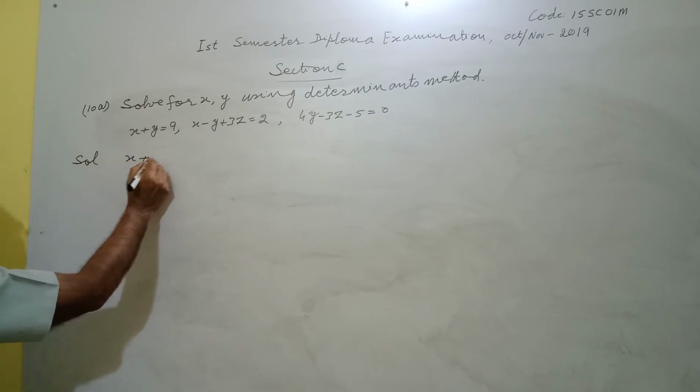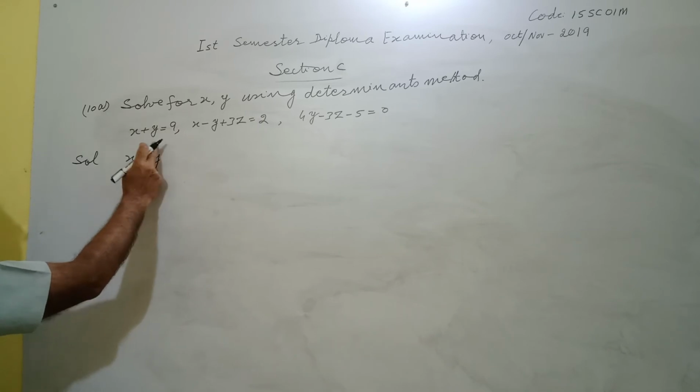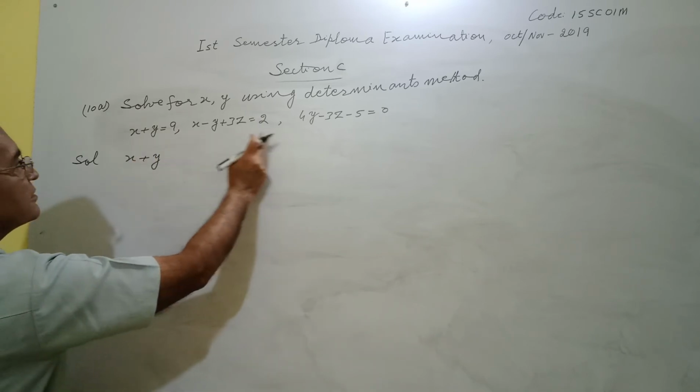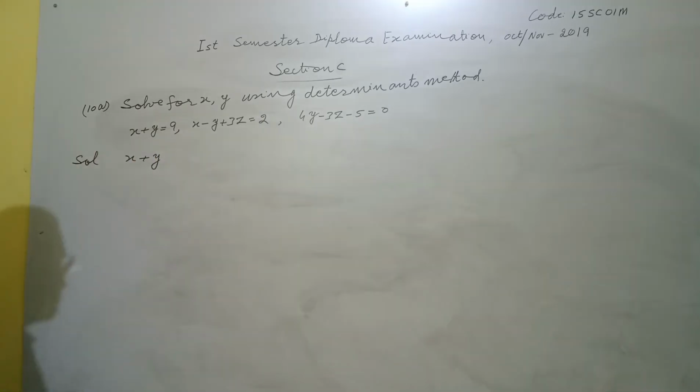Here x, y, z are there. It means z is also there in the equation. Though z is not there in the first, in the second it is there, in the third it is there. It means it is with the 3 variables x, y, z.